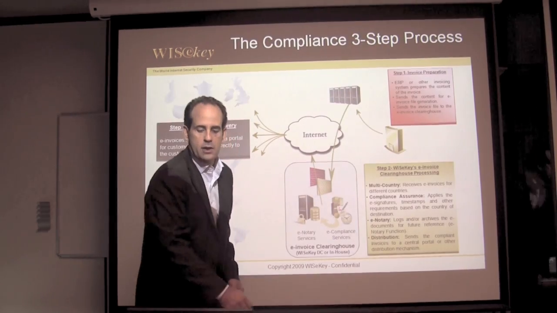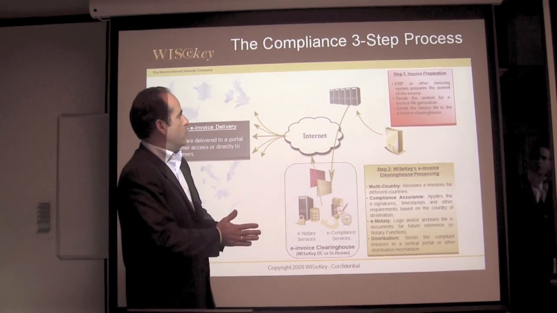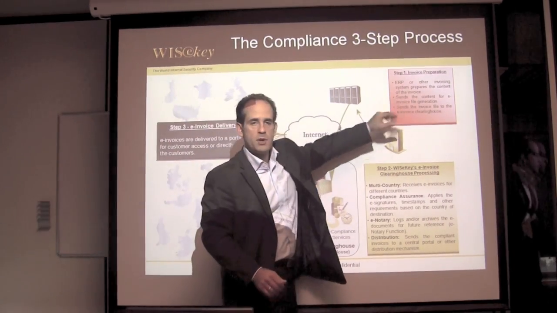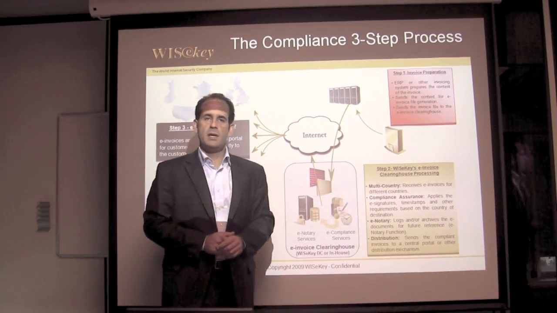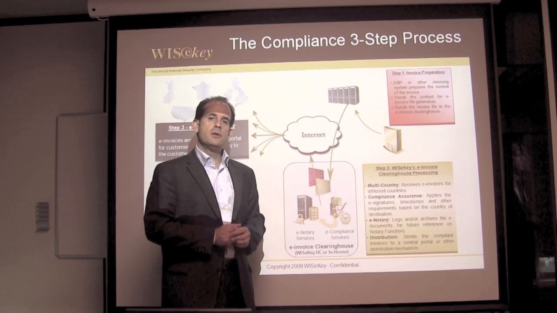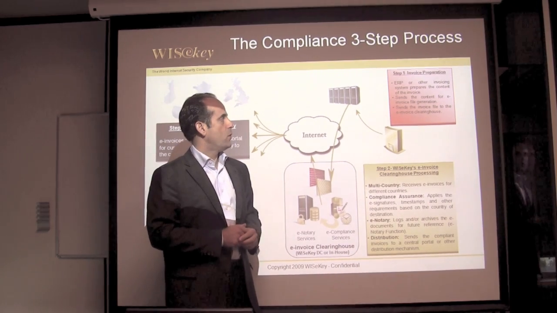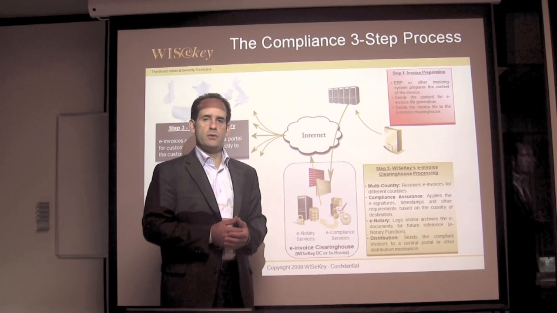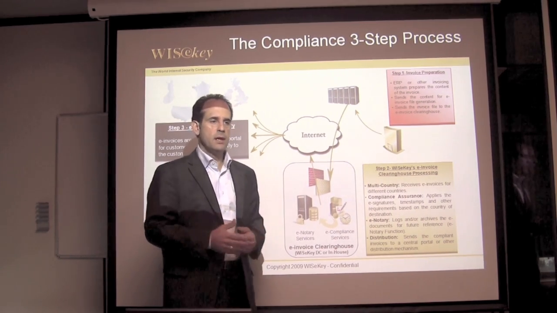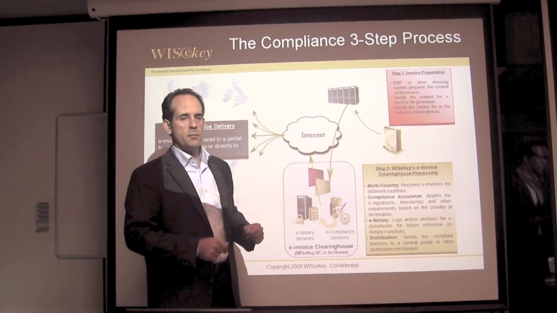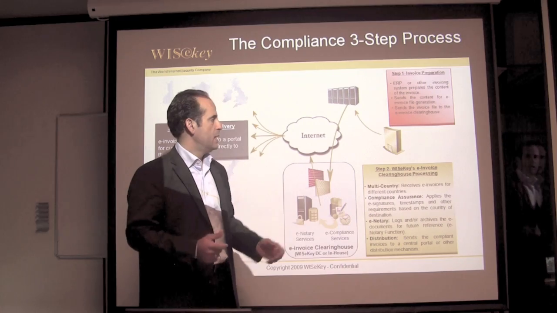And basically this is what it looks like. We take an invoice preparation process which is typically in the back end of the customer. It's an enterprise resource planning platform or something like that that does all the workflow solution, that does all the invoicing, and it's created in a specific format. It can be PDF or other formats.